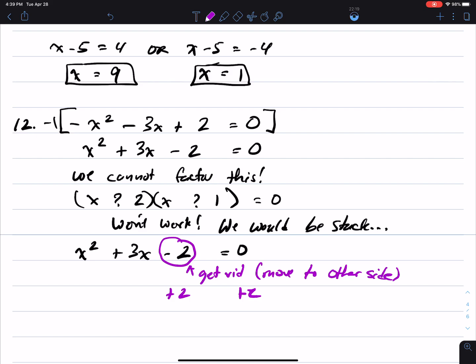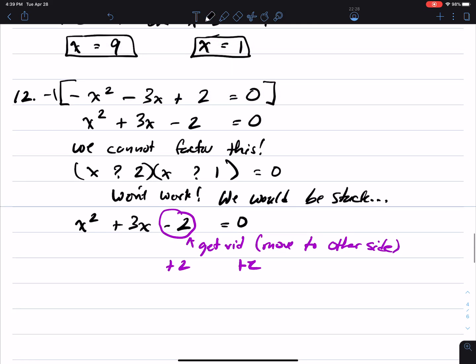Maybe get rid is not the right expression; get out of the way is the right way to say it. So we have x squared plus 3x equals 2. I've left some room in here to complete the square. That's what you want to do.